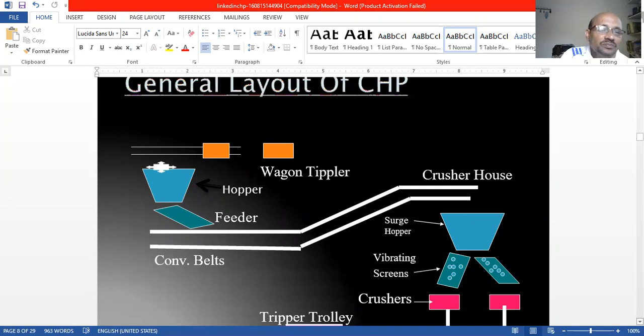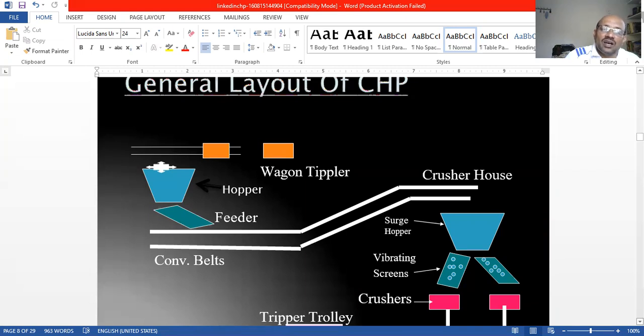First, we get coal from the mines. That coal is kept in hoppers. After that, there will be hopper feeders. The feeder is attached to conveyor belts, and with the help of the conveyor belts, we transport the coal to the crusher house.